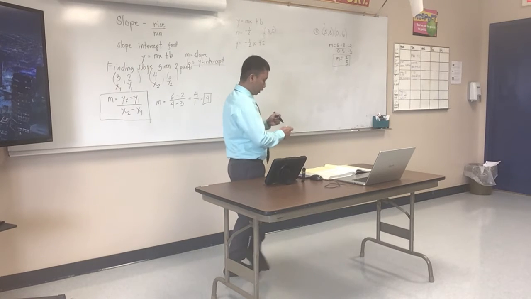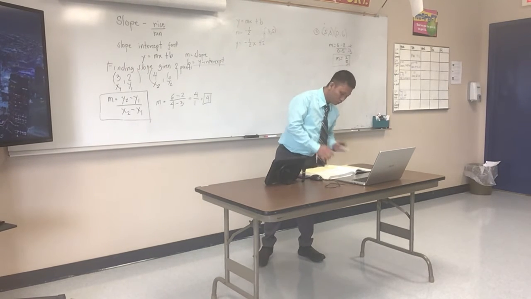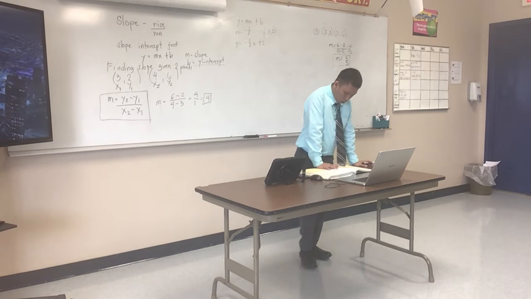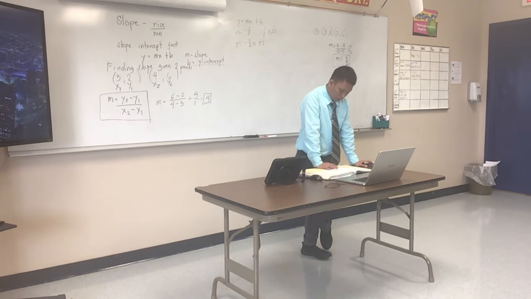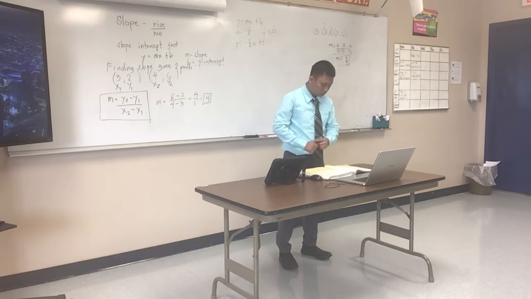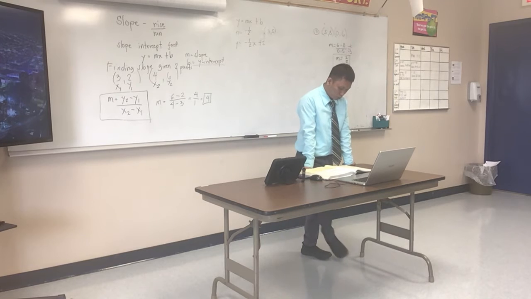Okay, so let's give another example. Look at example number 2, problem number 2. We have here m equal to 1/5, and the y-intercept is (0, -3). So what is our slope here?